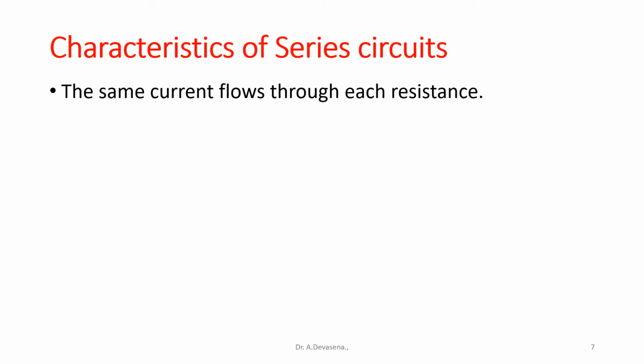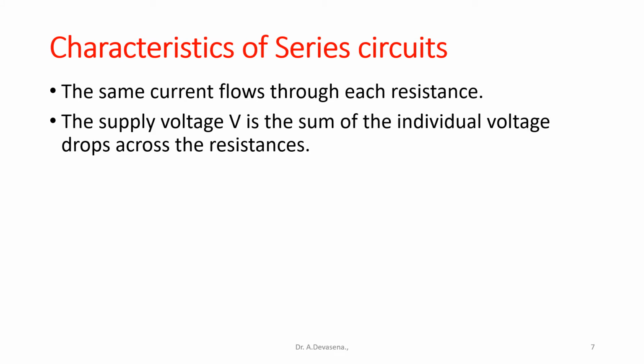Let us discuss about the characteristics of series circuit. The same current flows through each resistance. The supply voltage capital V is the sum of the individual voltage drops across the resistance. That is, capital V is equal to V1 plus V2 plus V3 and it goes on up to Vn, where V1 is the voltage drop across the resistance R1, V2 is the voltage drop across the resistance R2, V3 is the voltage drop across the resistance R3 and Vn is the voltage drop across the resistance Rn.